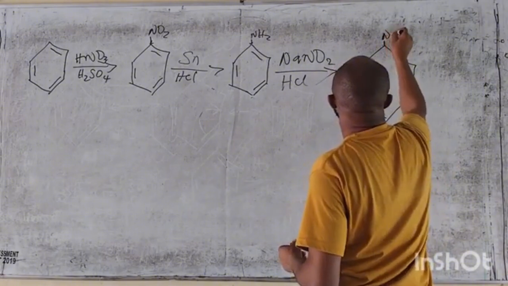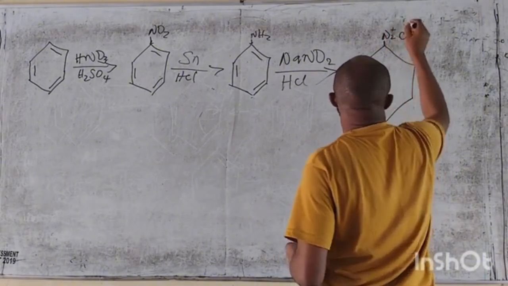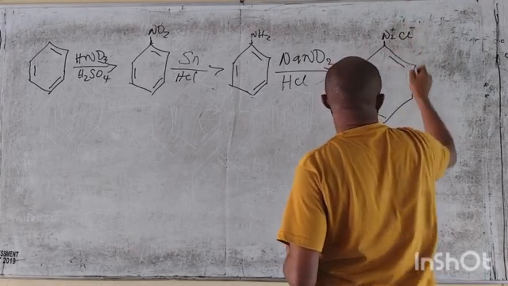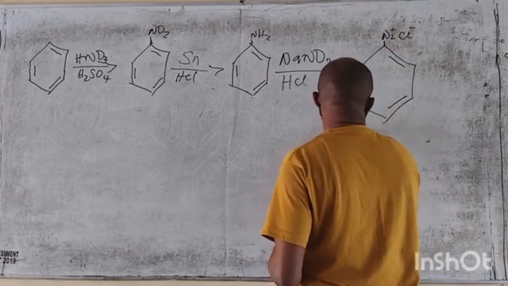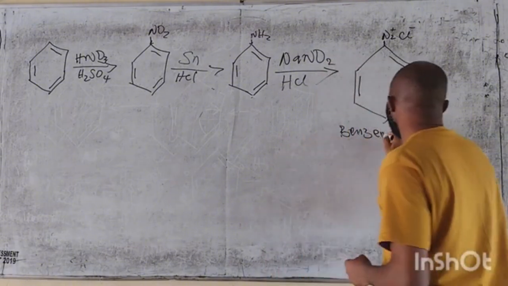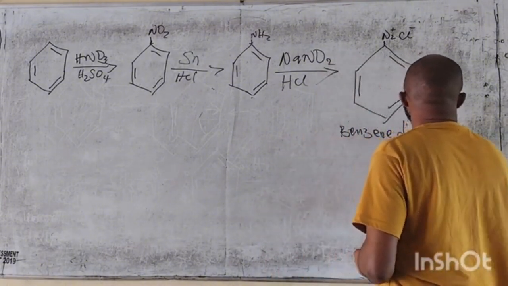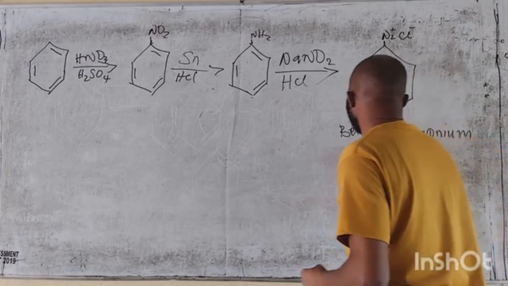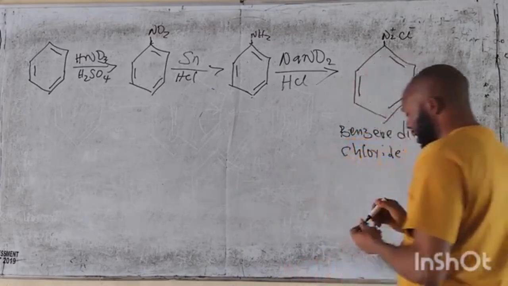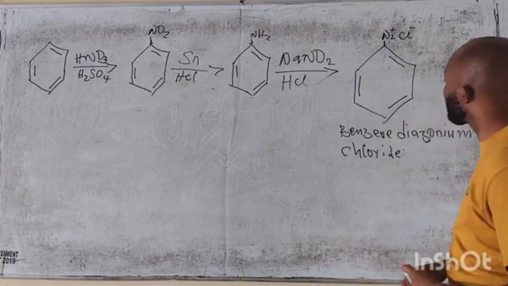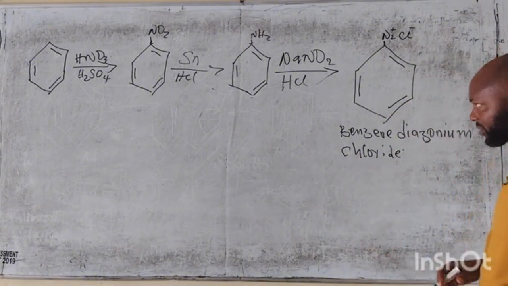So this will give me N2+ Cl-, this is plus, and I still have this, this, and this. So this is benzene diazonium chloride. So this guy is very important. It's one of the most important compounds when we're dealing with synthesis.